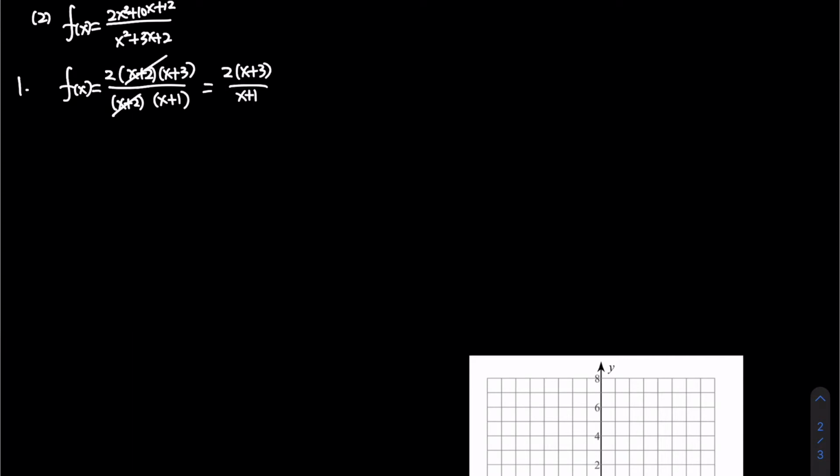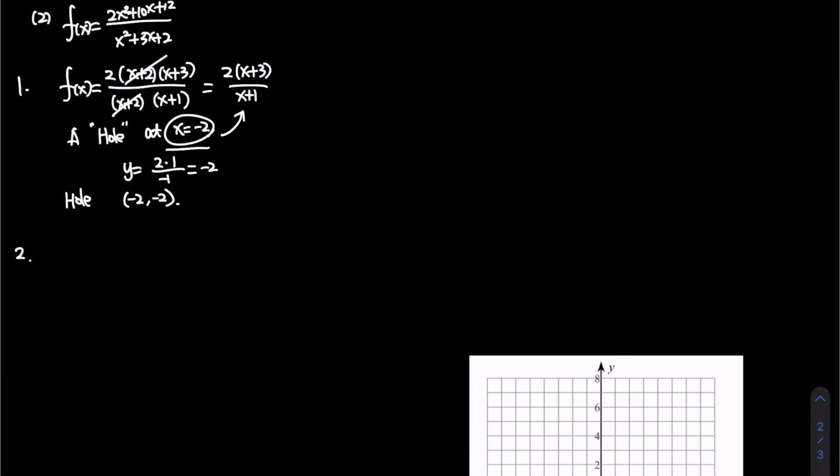Because x plus 2 is cancelled, there will be a hole here at x equals negative 2. We can plug x equals negative 2 into the simplified function. Give us y equals 2 times 1 over negative 1, give us negative 2. So our hole will be x equals negative 2, y equals negative 2.